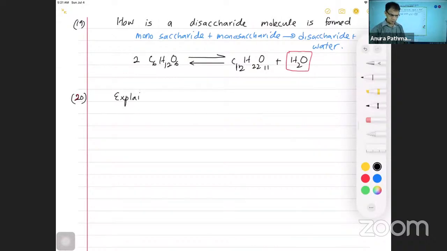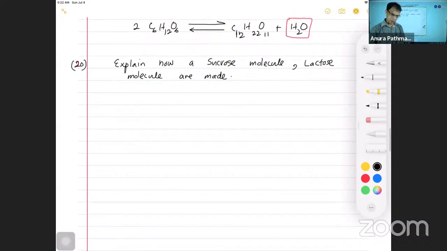Explain how a sucrose molecule and a lactose molecule are made.